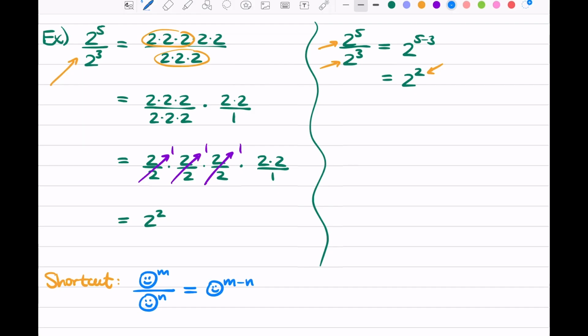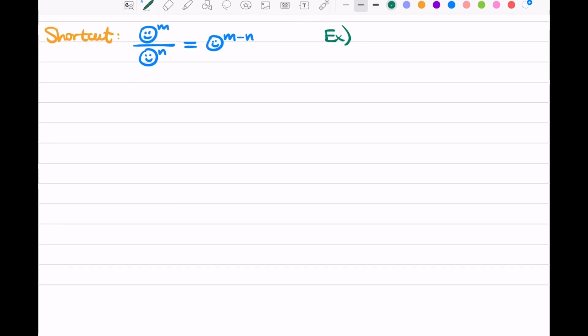So we're just subtracting the exponents. Let's say we have 3 to the 7th power divided by 3 to the 4th power. We have the same base, so we'll just subtract the exponents. So this will be 3 to the 7 minus 4 power, which simplifies to 3 to the 3rd.